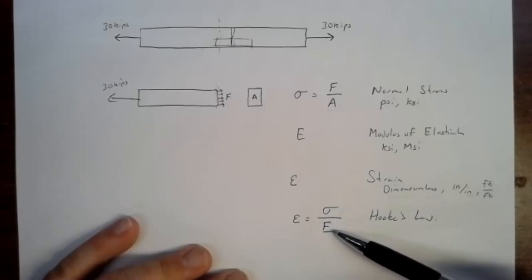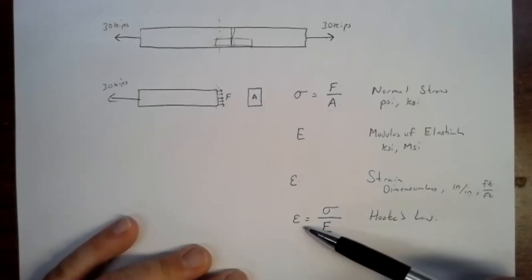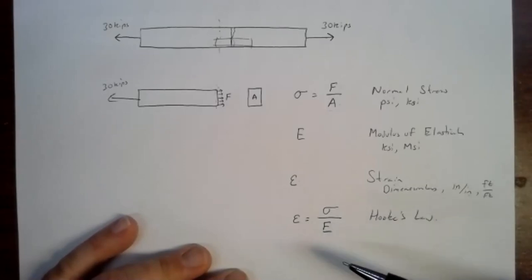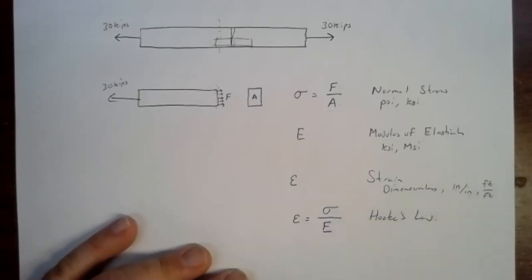If the Young's modulus is very high, meaning we have a very stiff material, then even if we put a lot of stress on it, we're not going to get very much strain. On the other hand, if we've got a more plastic material, a material that doesn't tend to be very rigid, that can stretch fairly easily, the modulus tends to be low, so we're able to put a good bit of stress on it and get a lot of strain.